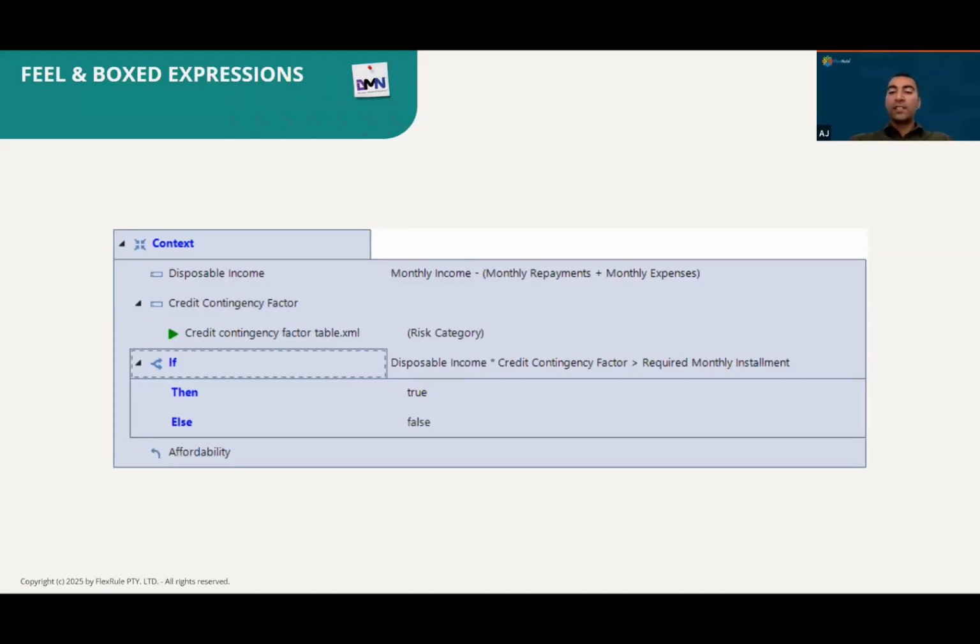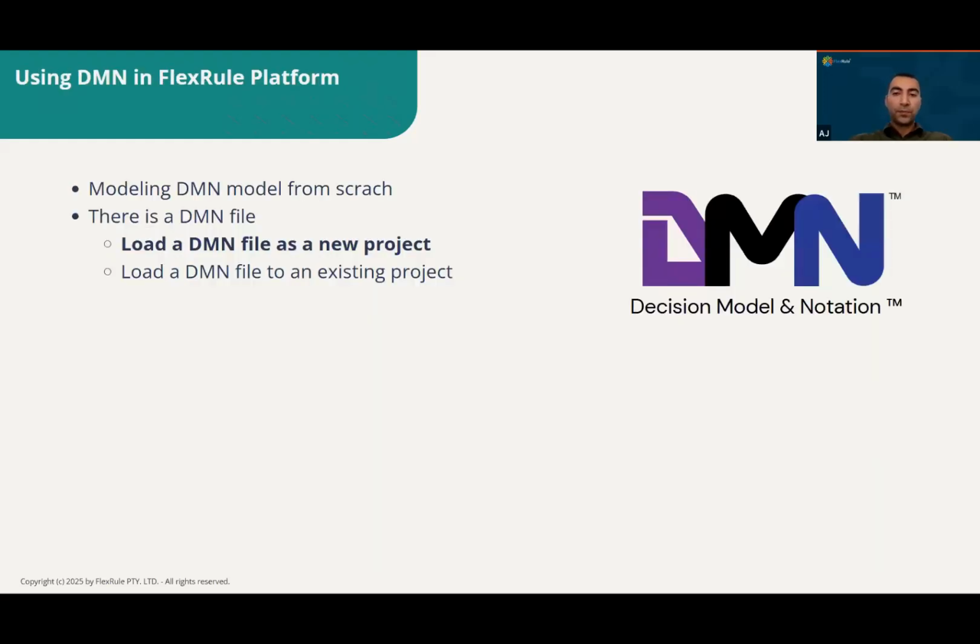Think of FEEL like Excel formulas. It lets you manage more complex logic, much like how Excel formulas do. FEEL provides a set of formulas to model complex behavior, and through box expressions, as reusable components, you can apply this logic across various decision scenarios using the FEEL expression language.